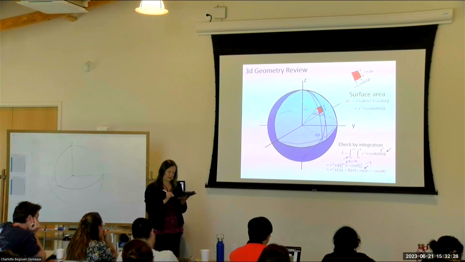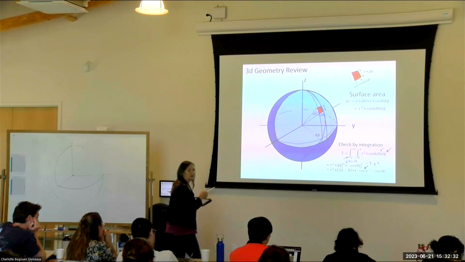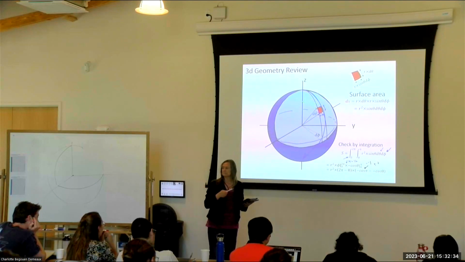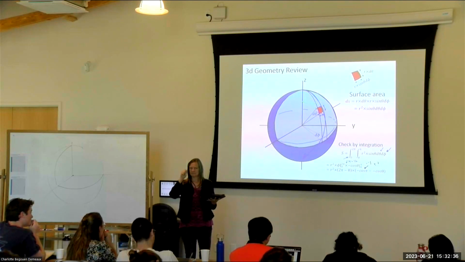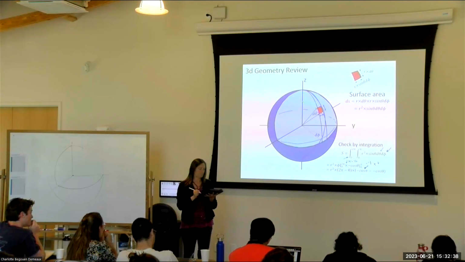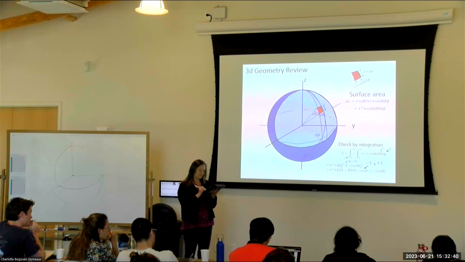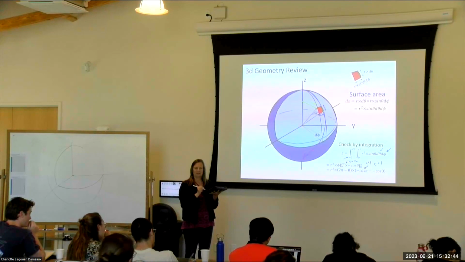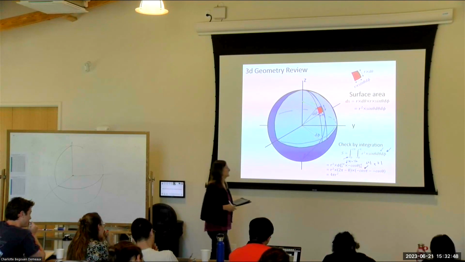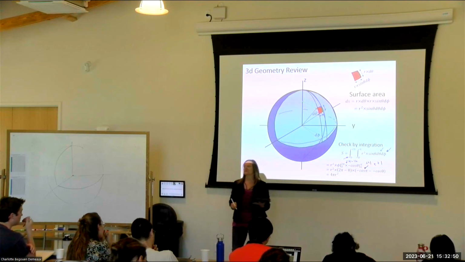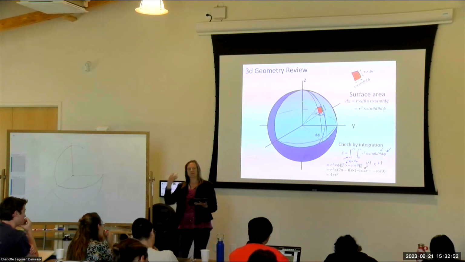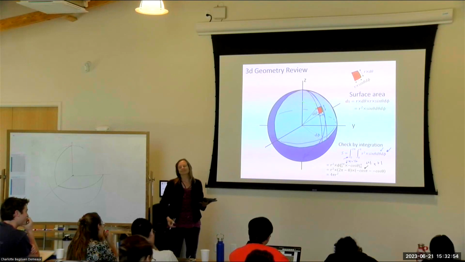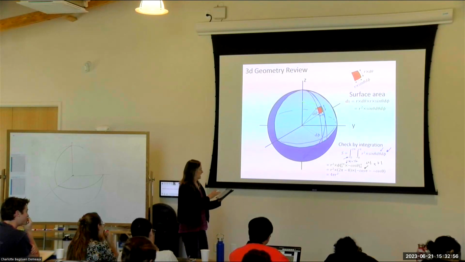And then we have minus the cosine of 0, which is 1, so that's a minus 1. Excellent, that gives us a total of 2, so the area is 4 pi r squared, which is the surface area of the sphere. All right, excellent.